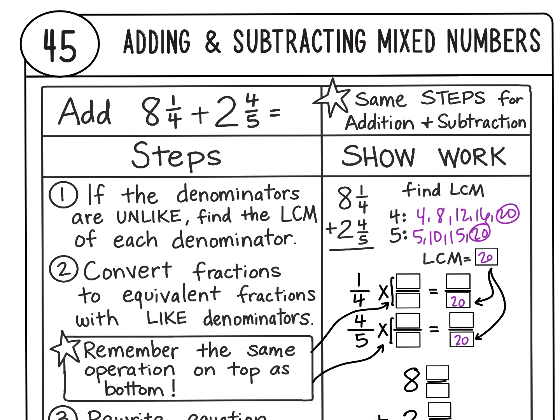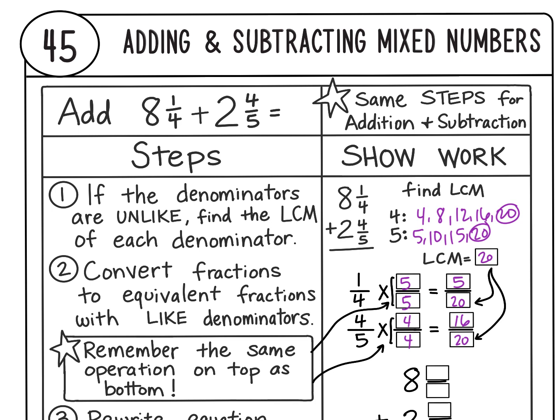I multiply 4 times 5. So I do the same thing to the top. 1 times 5 gives me 5. For 4/5, I've got to ask myself, how do I get from a denominator that was 5 to a denominator that is now 20? I multiply by 4 and do the same thing to the top. So 4 times 4 is a new numerator of 16.